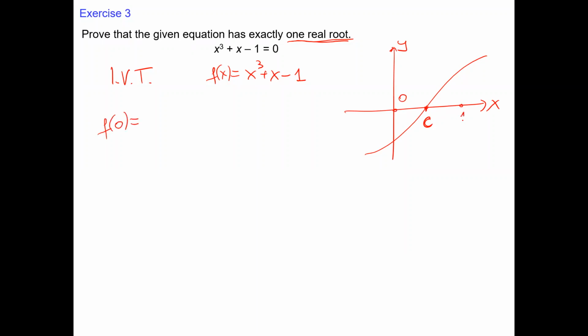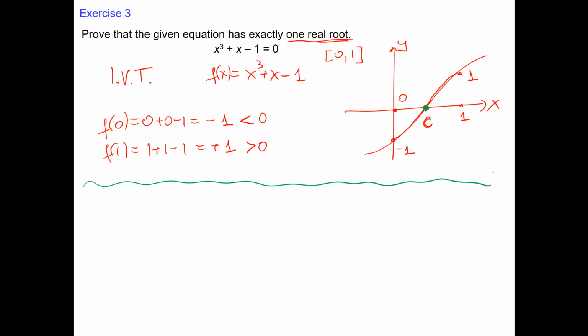I will focus on the interval between 0 and 1. When we substitute 0, we have 0 cubed plus 0 minus 1. The value is negative. When I substitute 1, we will have 1 plus 1 minus 1. Perfect, positive 1. One value negative, one value positive. So definitely one root exists.